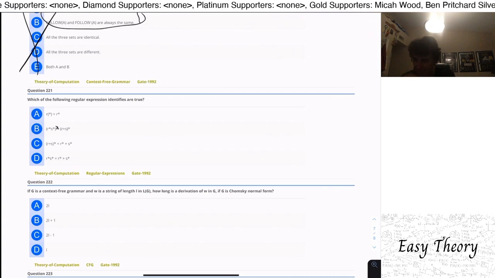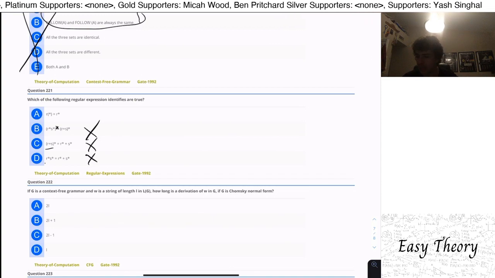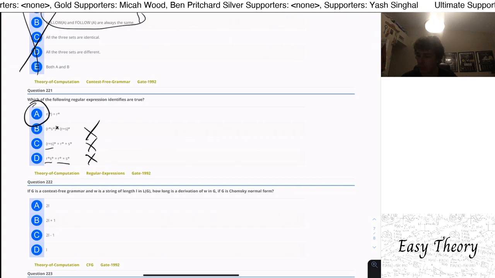There's no star attached onto here. So this one doesn't work. This is everything. This is not everything. Yeah, these are not the same because this can have R's and S's. This can't. So this one's the right answer.